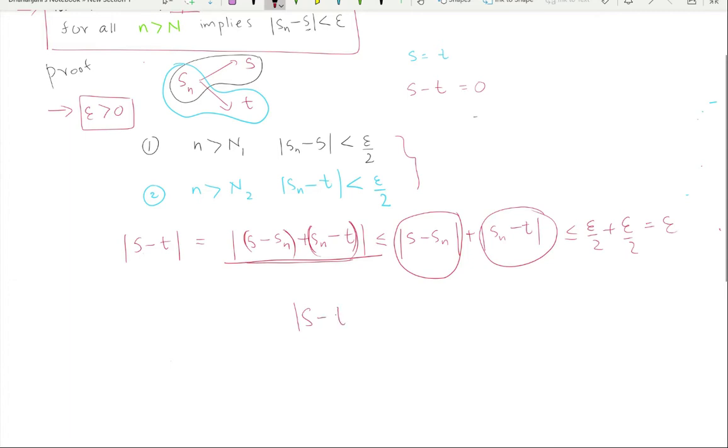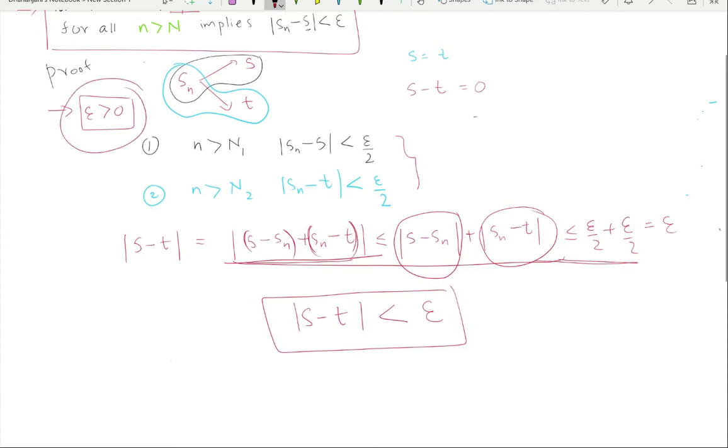Now here's the important thing. If you delete all these middle steps, really the absolute value of S minus T is strictly less than epsilon. That's what we get. Now epsilon is an arbitrary positive number, strictly greater than 0. S minus T is the distance between two numbers, an absolute distance, so it should be greater than or equal to 0.